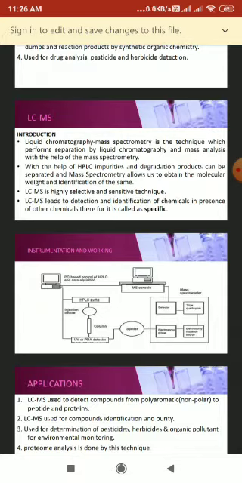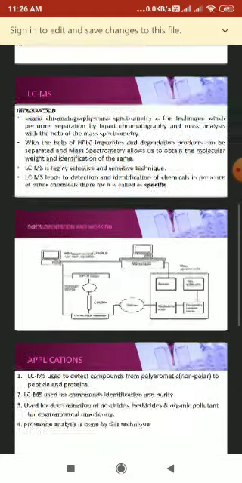In the interface, the liquid is volatilized and transferred to the MS. With the help of various ionization techniques, the compound is ionized and then it is analyzed by mass analyzers. Various mass analyzers are used, for example, quadrupole, ion traps, time of flight, and ion cyclotron resonance. Because liquid chromatography separates, the analysis is clear.